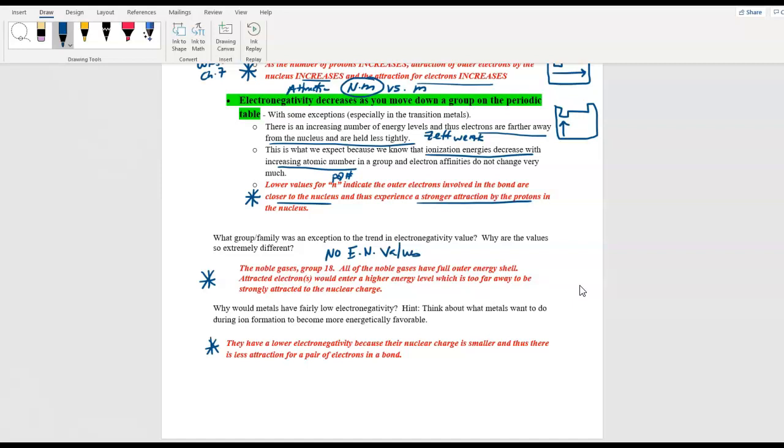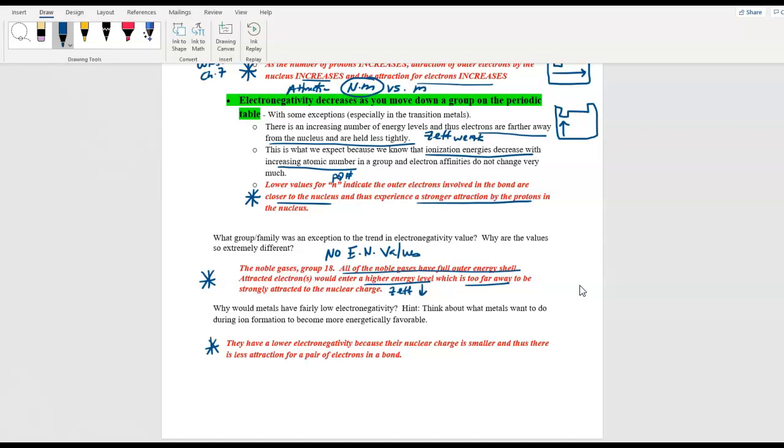They're not trying to get an electron. They already have their full octet energy shells. So attracting an electron you would have to put it in a higher energy level, which is too far away from the nucleus, which makes the attraction weaker. And it's not trying to get weaker, it's trying to stay strong. So that's why there aren't any values for the noble gases.